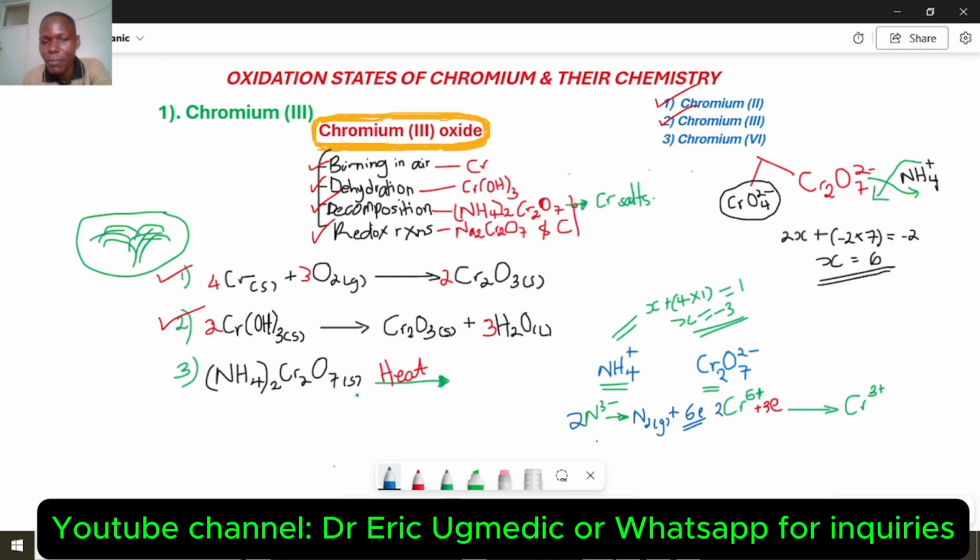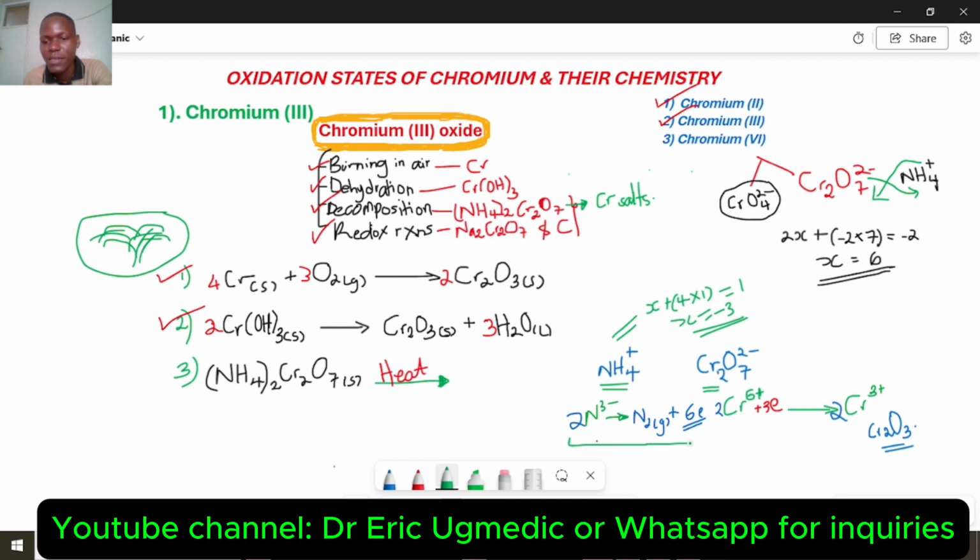The chromium in +6 oxidation state forms 2 chromium in the +3 oxidation state, which will be in the chromium 3 oxide. So from that you should have the understanding of where everything is going to come from. So in our reaction we shall have chromium 3 oxide, and we shall have nitrogen gas as well as a product. So let's write this full equation.